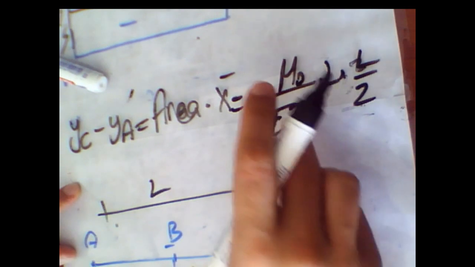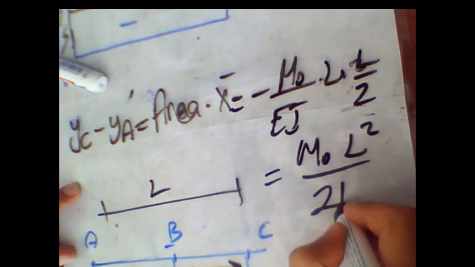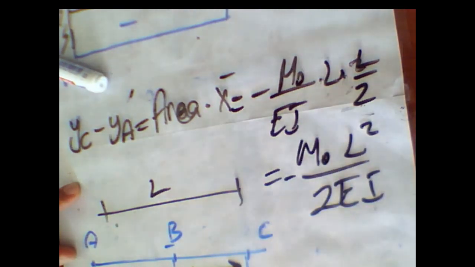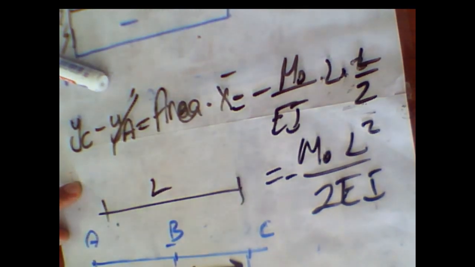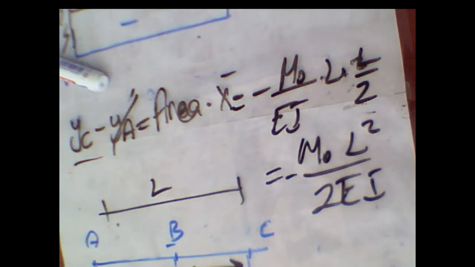Therefore this is equal to minus M0 L squared over 2EI. Don't forget to write the minus. You can remember that YA is equal to 0. Therefore YC is directly equal to minus M0 L squared over 2EI.